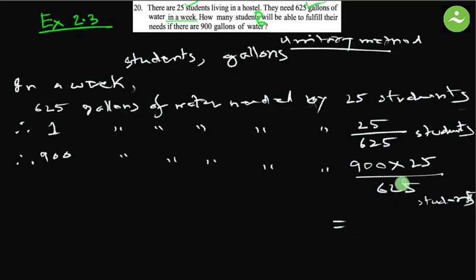Now simplify. Divide by 25, this is 9. Divide by 25, this is 1. Now 9 by 9, if we simplify, this will be 100 and this will be 1. So 100 into 2 is 200 students. And that is the answer.